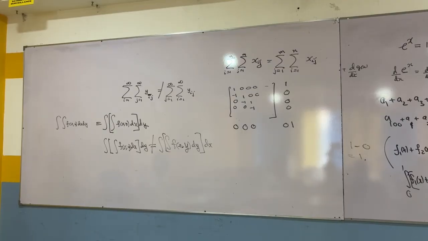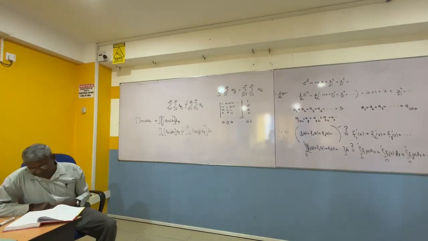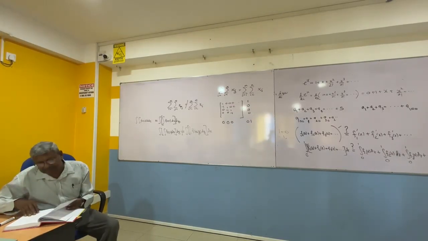So then you will end up with the question, when can we interchange? There are, of course, situations in which you can interchange the order of integration. So you have to ask yourself, when can we do it? So let's not do that. Then interchanging limits. Let's do that.